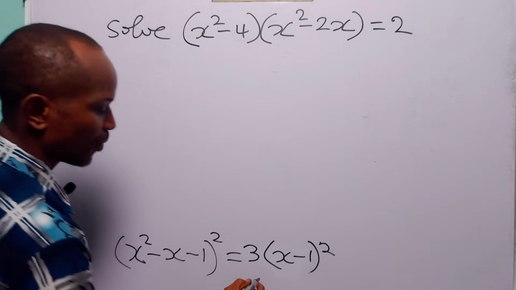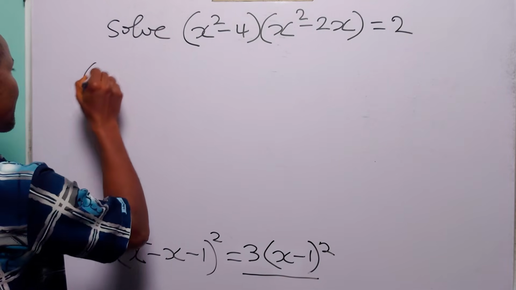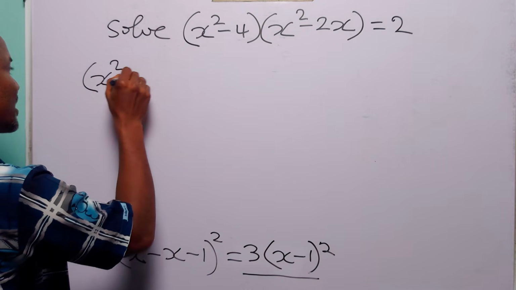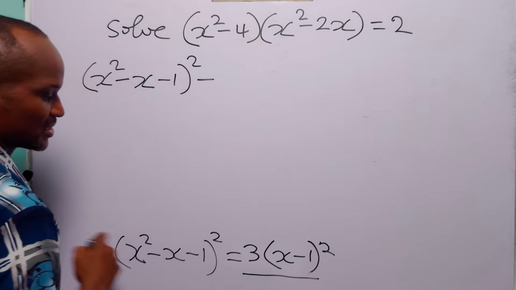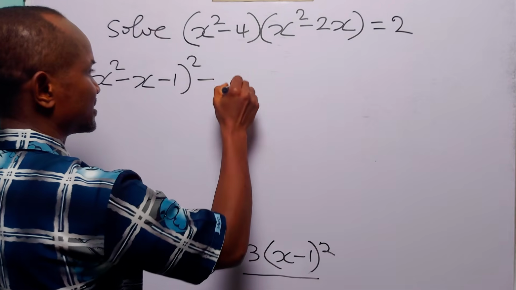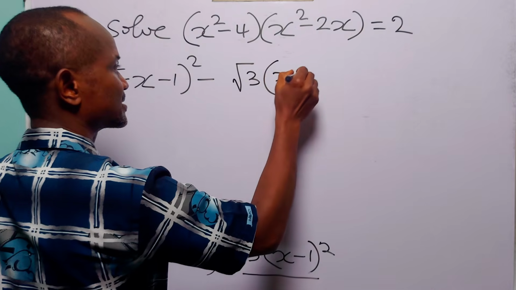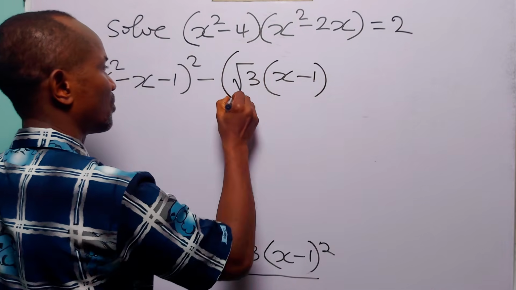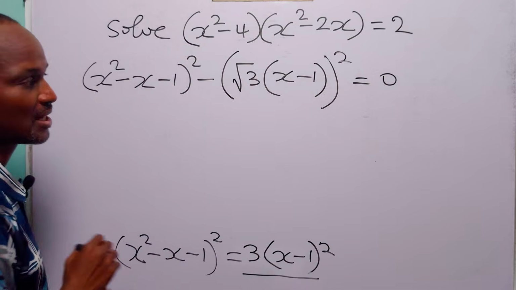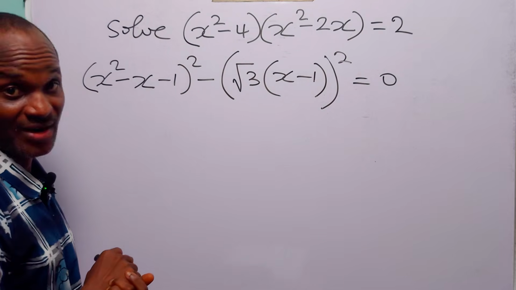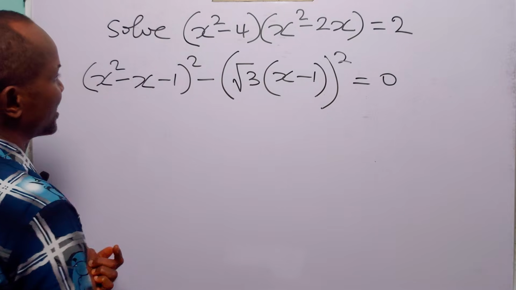And finally, when we move this over to the left-hand side, we have x squared minus x minus 1 squared minus, of course, you know that we can write this as root 3 times x minus 1 all squared, and this is equal to 0. And finally, we have the difference of two squares, and you know how we factorize this.